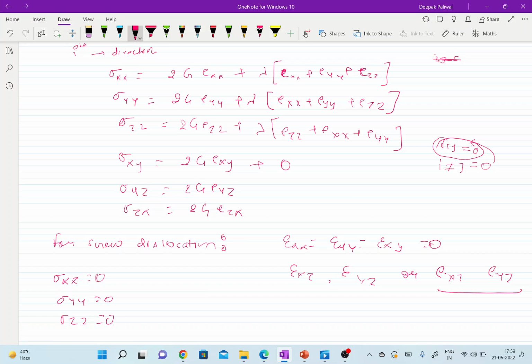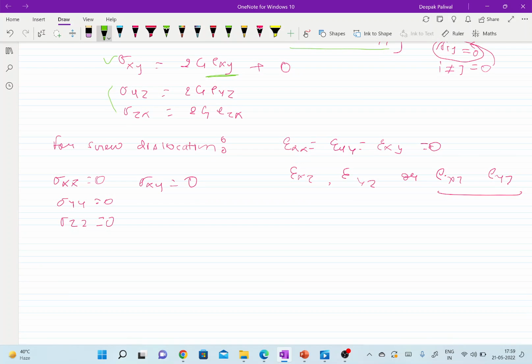Why am I saying this? Just observe the equations: exx, eyy, ezz are 0, so in the case of sigma yy all these terms are 0. Sigma xy is also 0 because that term is 0. Now the only two components are sigma yz, which is 2g times eyz.